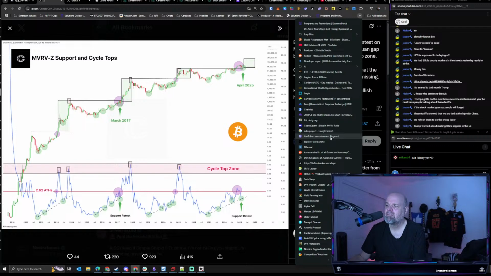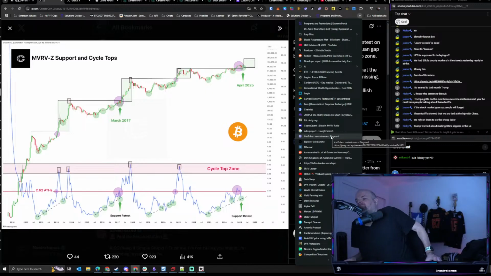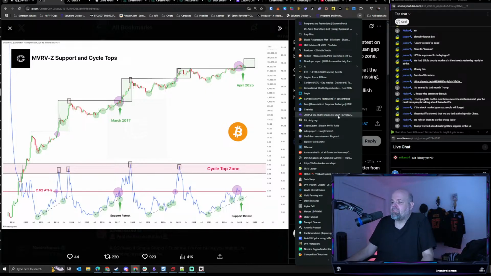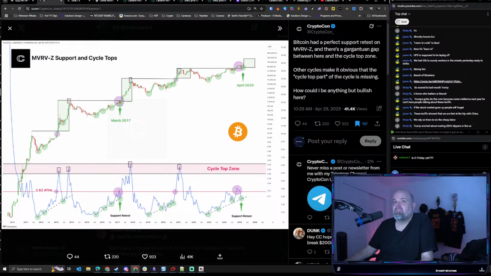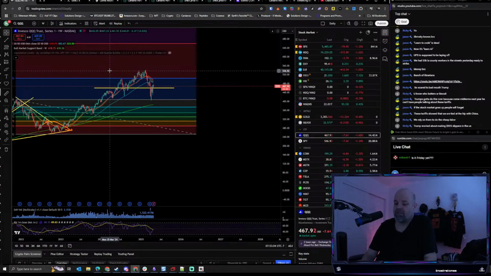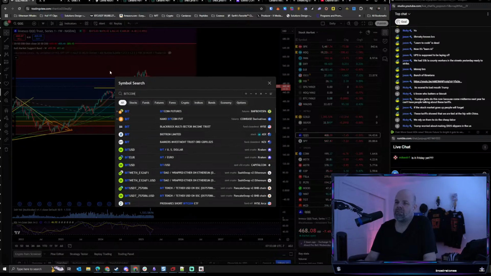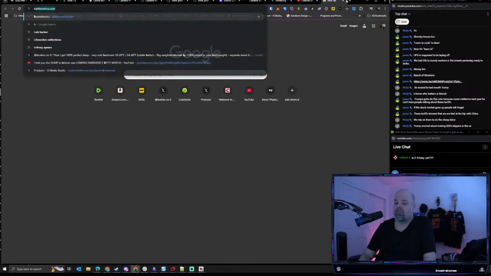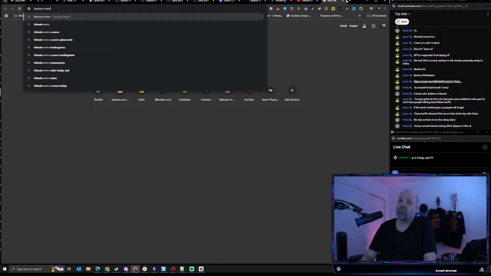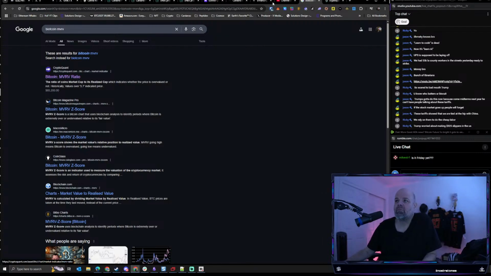Bitcoin. I have a Trezor affiliate. I don't know if that's something I needed to do and didn't do. Program sucks. Is there a chart here that doesn't? No, MVRV. Bitcoin MVRV. Yes, this is where I've looked at it before.